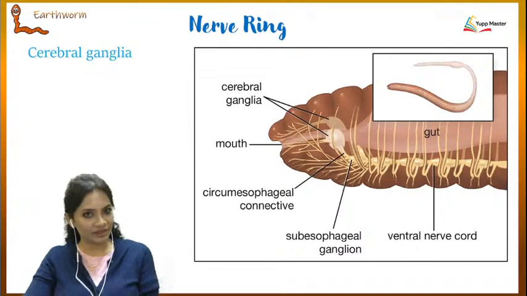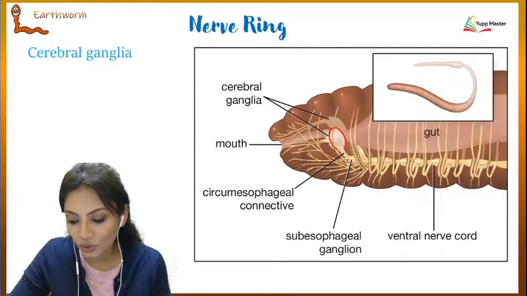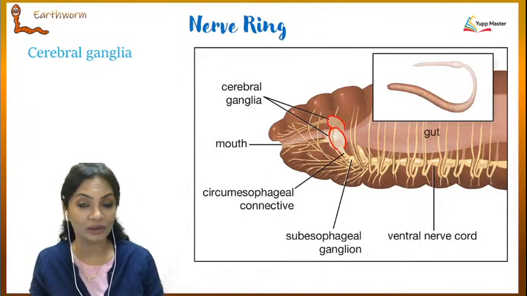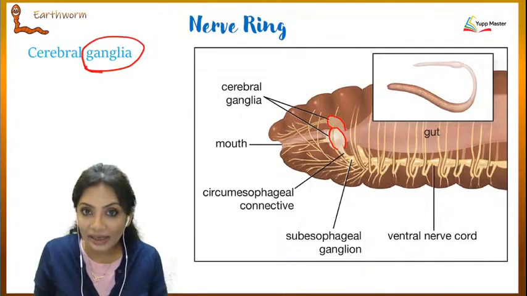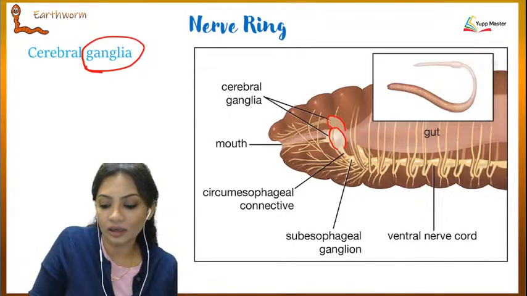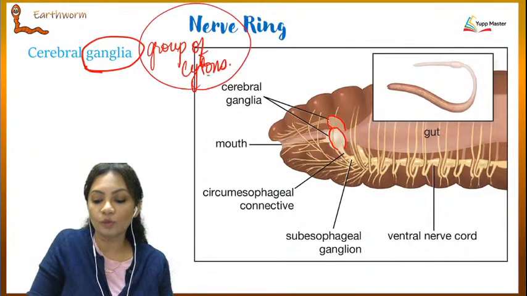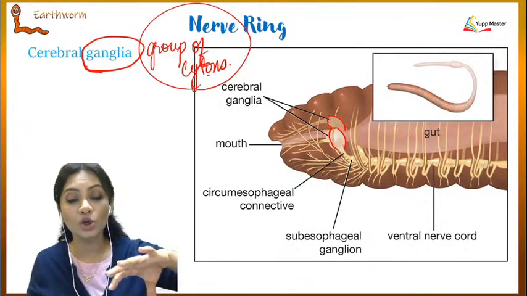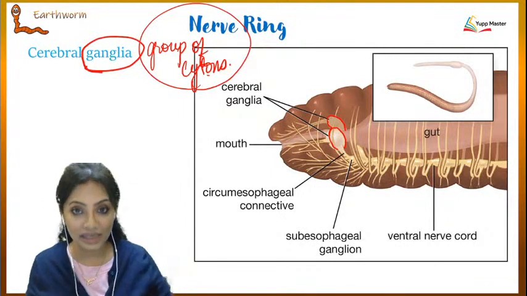Initially, we have something called the cerebral ganglia. Remember, a little while back I told you about a ganglia. What is a ganglia? A ganglia is a group of cytons. Okay, so these are a group of cytons located near the anterior or the starting segments.